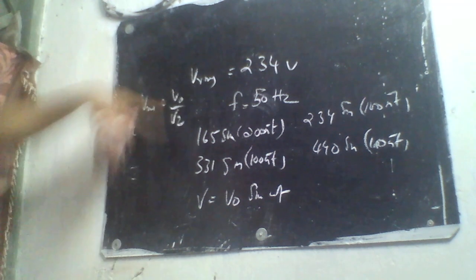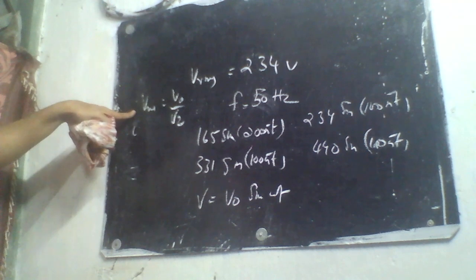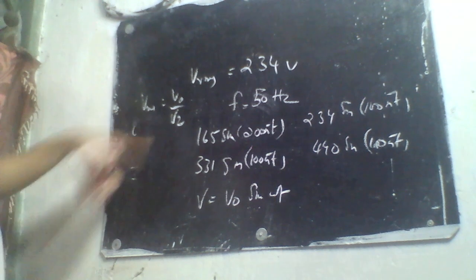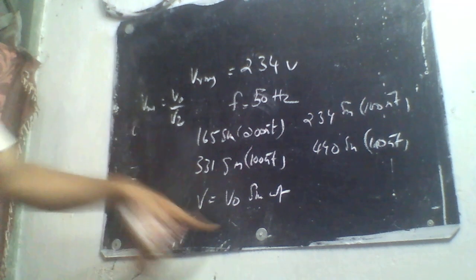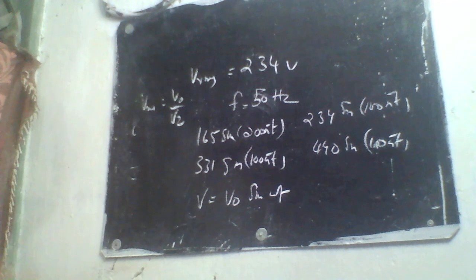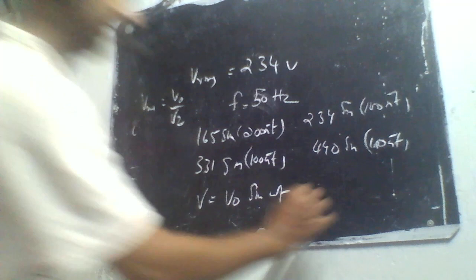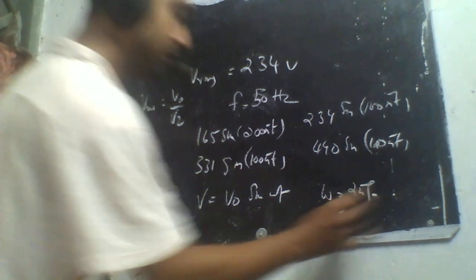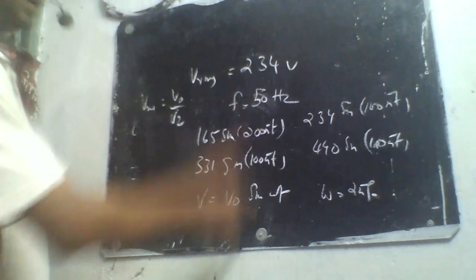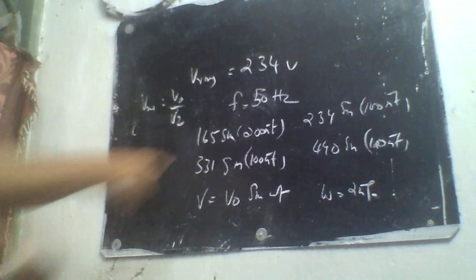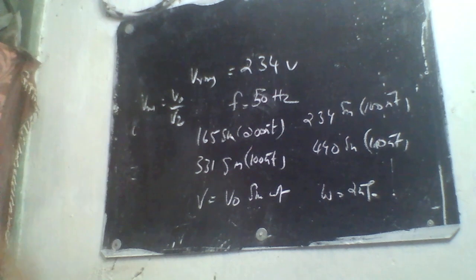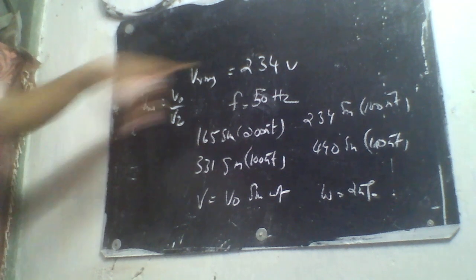So you first find the V0 value using the VRMS, that is 234 times 1.414. You just check how much it is. Then omega is equal to 2 pi f. 2 pi times f, which is given as 50, so 100 pi t will come. So the only thing is whether it will be 165. Obviously it won't be 165 because root 2 times that is what you are getting for 234.